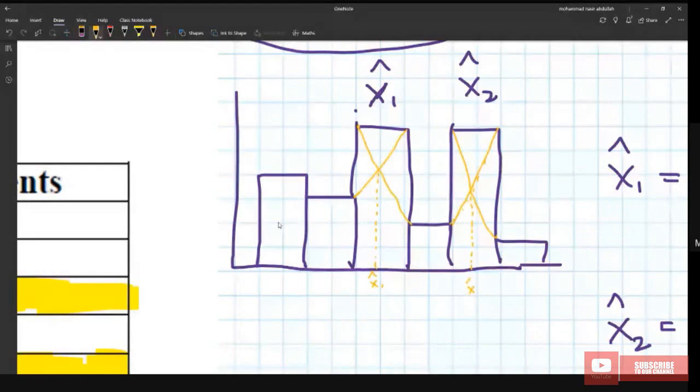So that's why you need to have a graph paper and draw the histogram properly with the accurate scale of measurement. Baru you akan dapat you boleh dapat dia punya mode value.